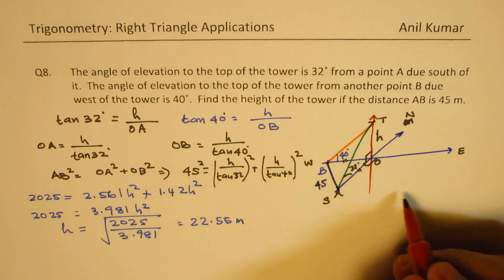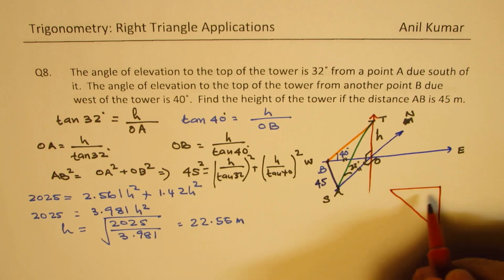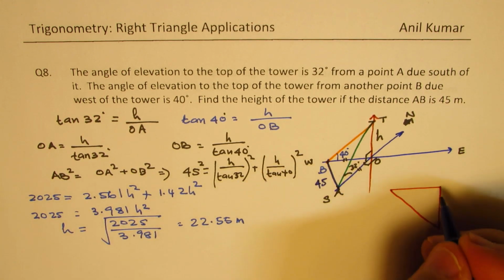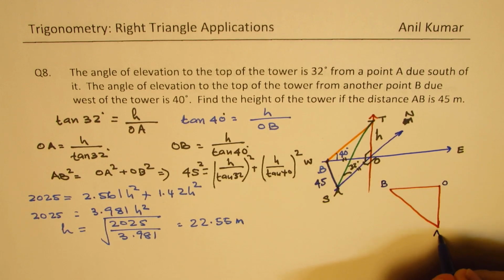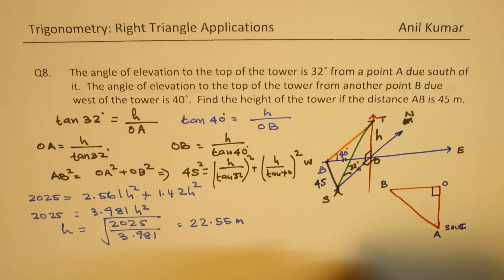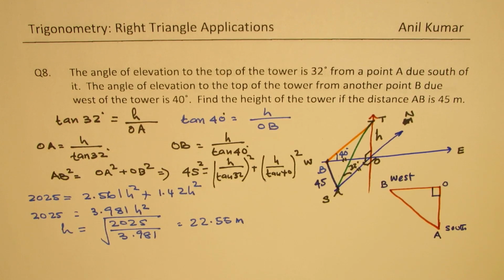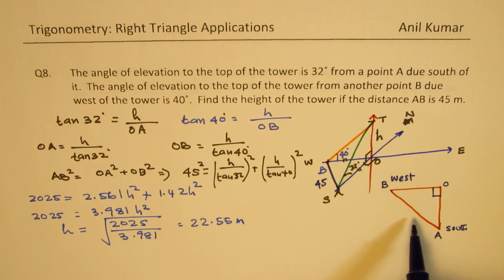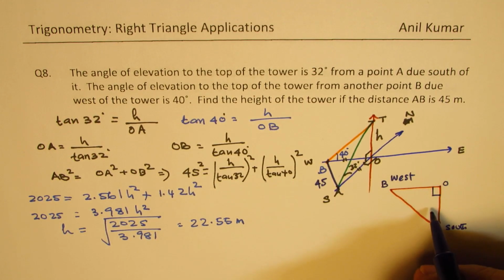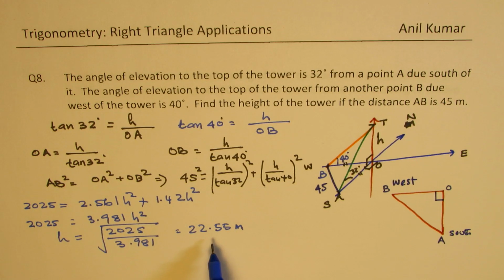Basically, this portion is kind of like this, where we have O, B, and A. This is south and this is west, so there's a 90 degrees angle here. So from here we can use the Pythagorean theorem to relate these. I hope the concept is absolutely clear. We get the height as 22.55 meters in this particular case.